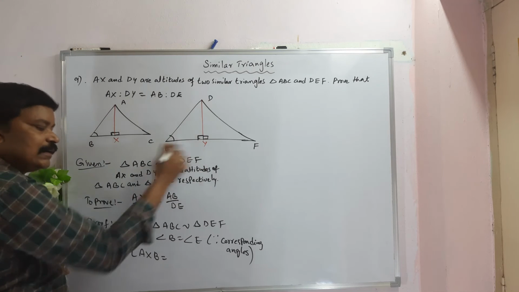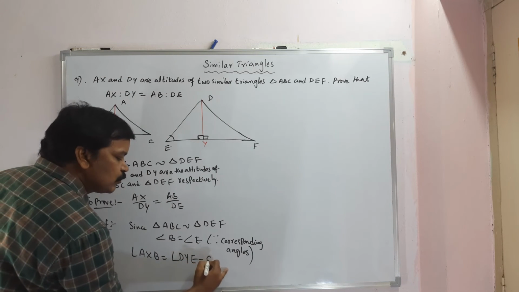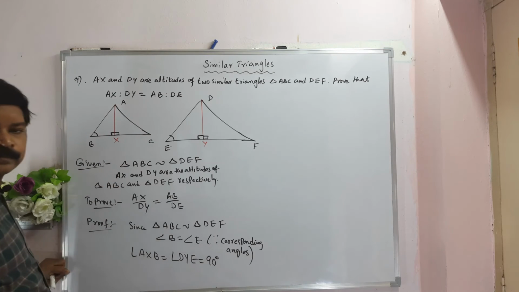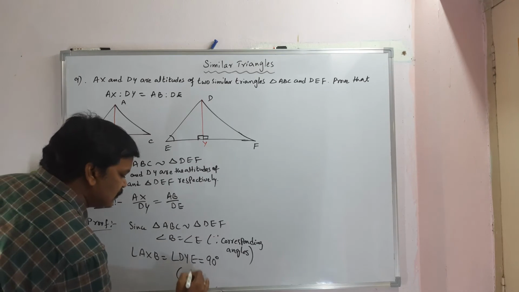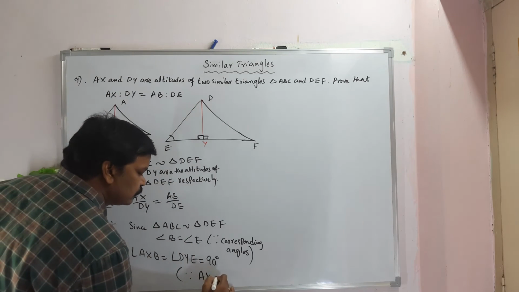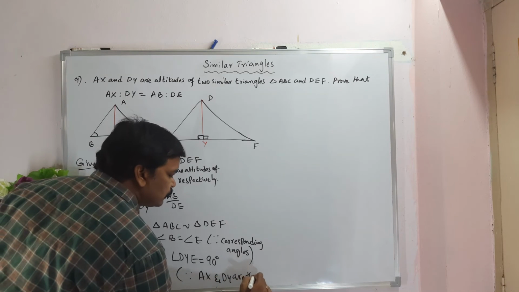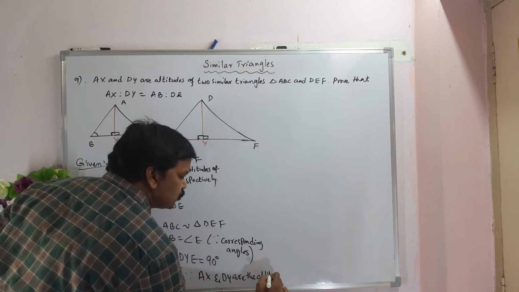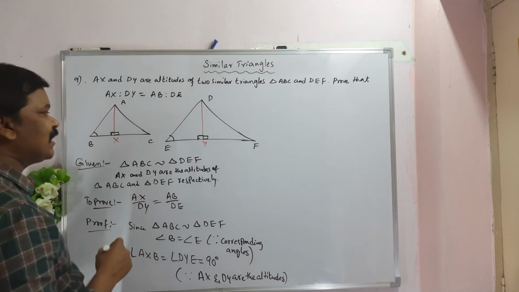Next, I will write angle AXB is equal to angle DYE. This is equal to 90 degrees. Why are they 90 degrees? Since AX and DY are the altitudes of triangle ABC and triangle DEF.